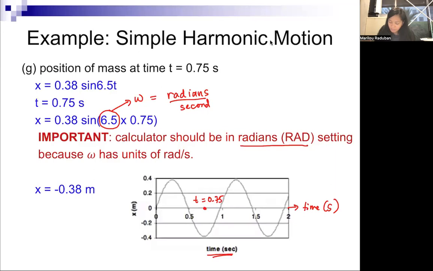At this time, your object is located about around this point, which is x equal to negative 0.38 meters at that point. So that's where your object is located 0.75 seconds after it started oscillating.